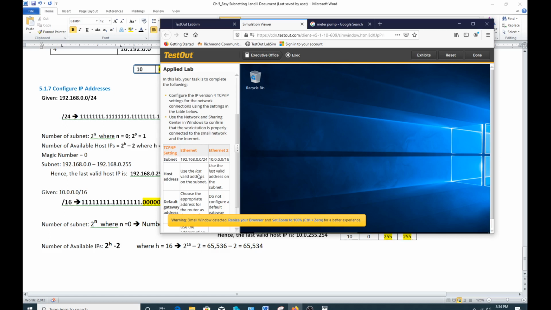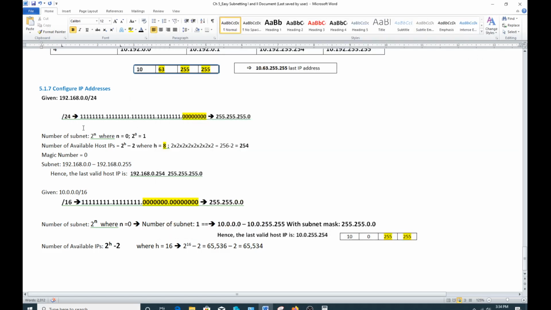So how do we find the last valid address? Well, let's look at this right here. This is one of the given addresses, and the other one. So we need to write this out. What is the CIDR notation? /24. So I write down 24 1 bits right here, and I fill the rest with 0.